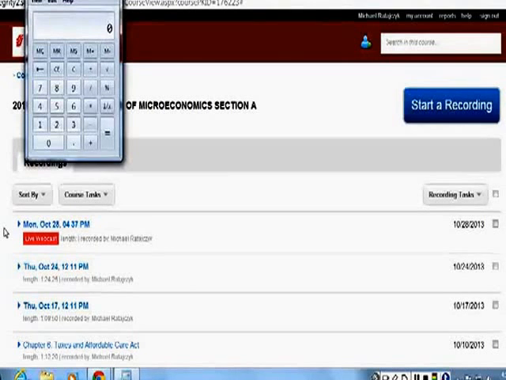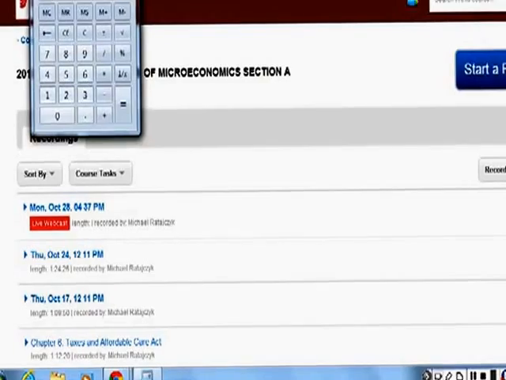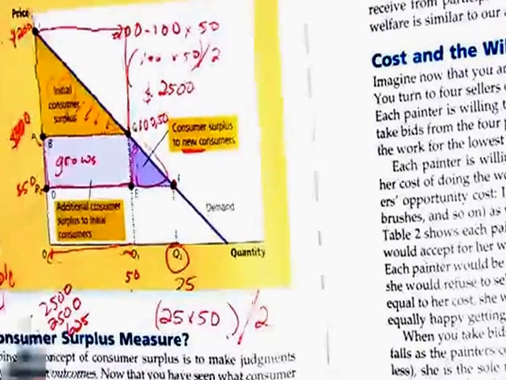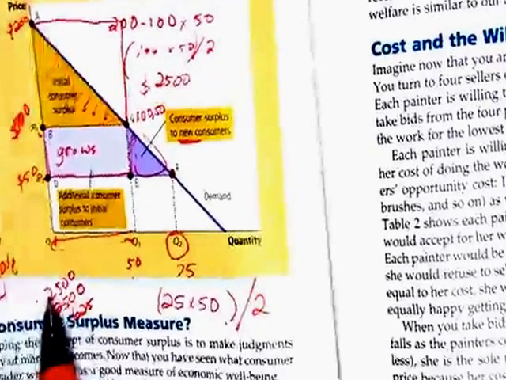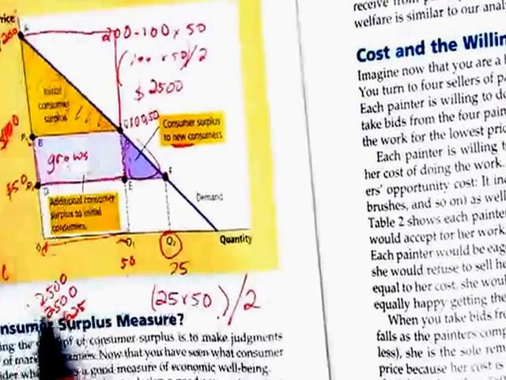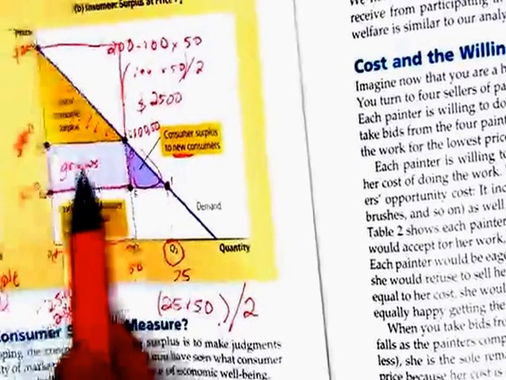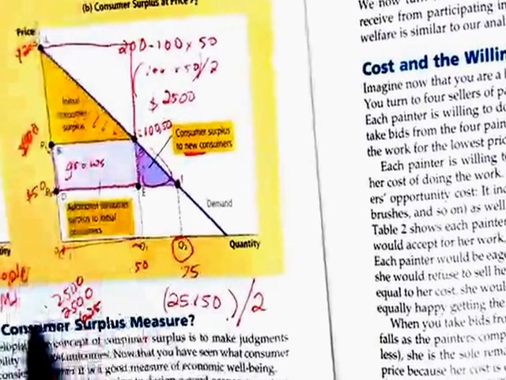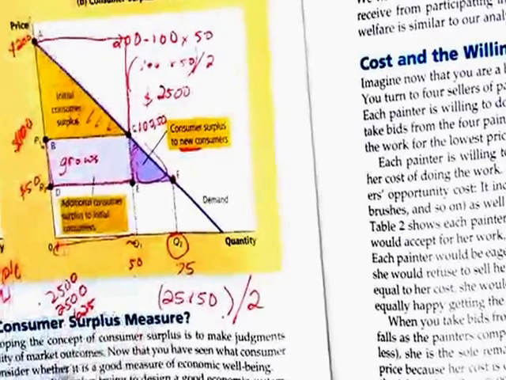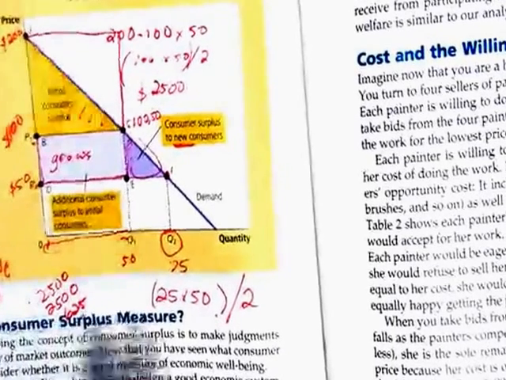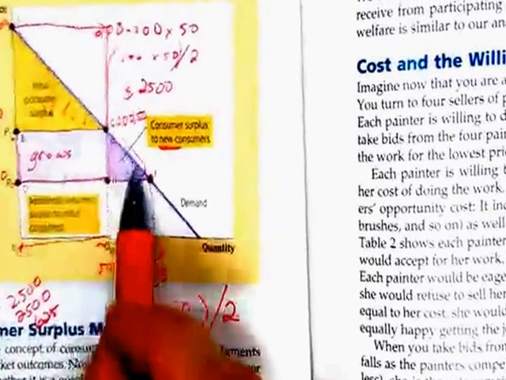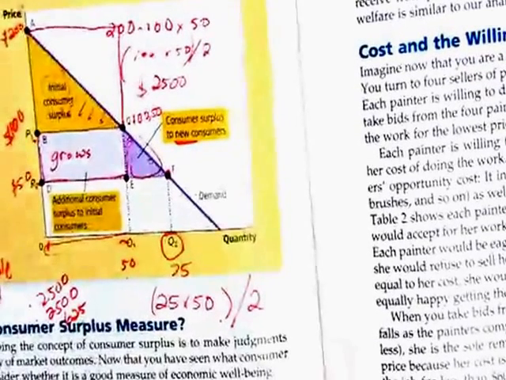So I'll do the math. 25 times 50 divided by 2 is 625. So you can see right there, 2,500 from the initial, 2,500 from the growth, 50 times 50. And then we've got 625 from this little triangle here, from the new customers.